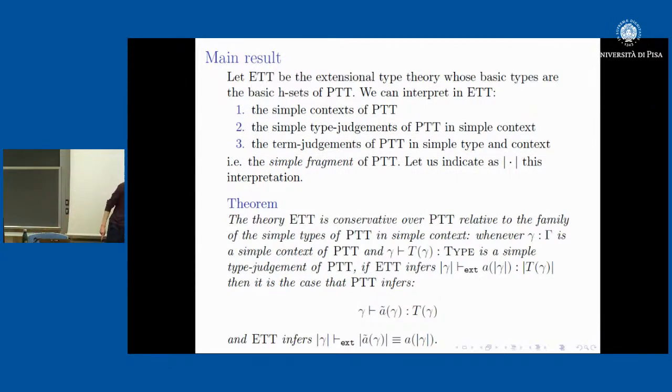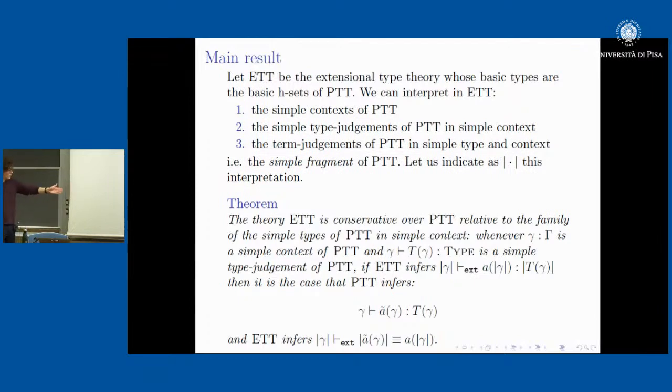PTT infers that there is a term, let us call it A tilde, in T. And moreover, once you interpret A tilde in ETT, then ETT is not able to distinguish it from the term that ETT provides. So basically, it doesn't distinguish between the given proof and the proof that PTT provides.